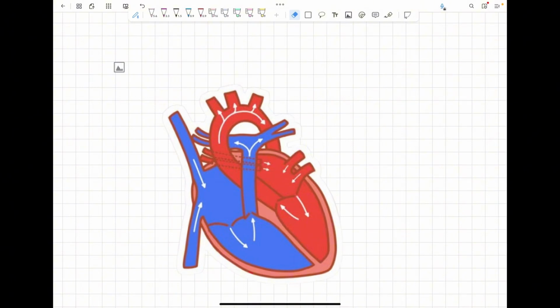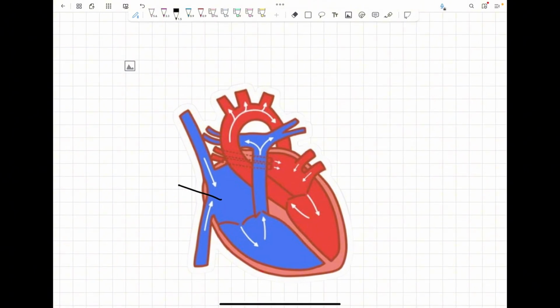Approximately. So your heart contains 4 chambers, which are: this one right over here is your first station. It is your right atrium.